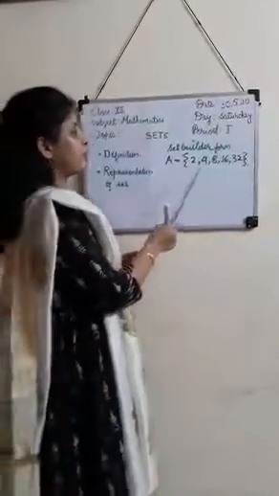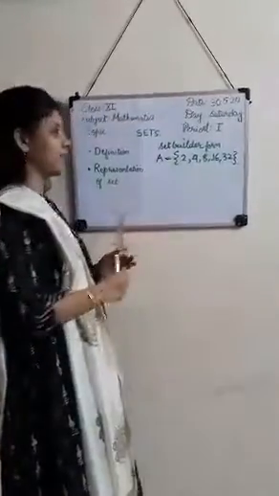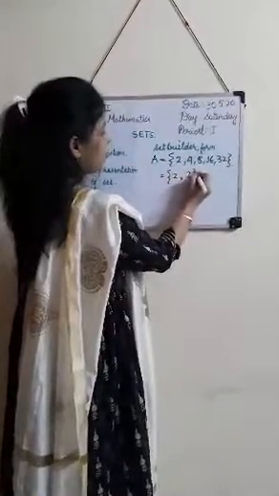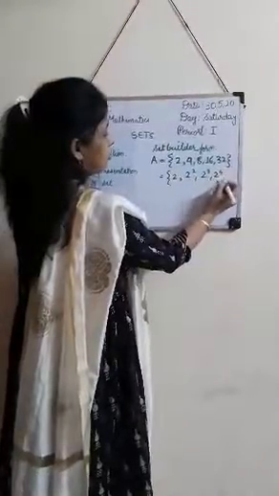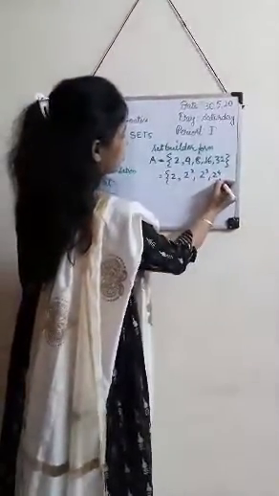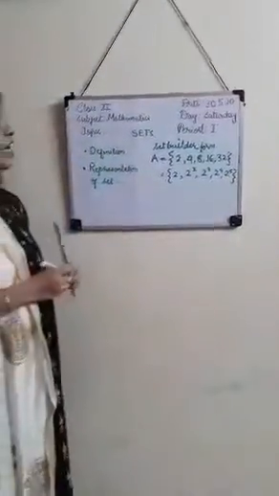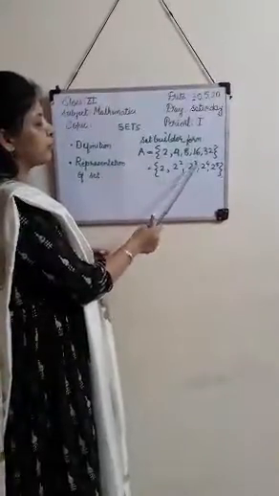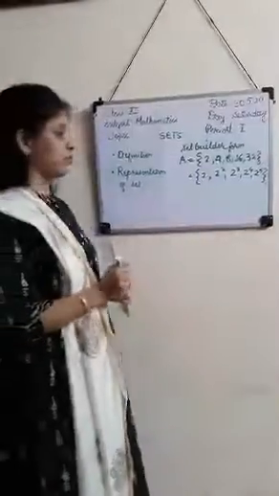First you have to think what is the common property in the elements of this set. We can write the elements of the set like this: 2, 2 to the power 2, 2 to the power 3, 2 to the power 4 and 2 to the power 5.